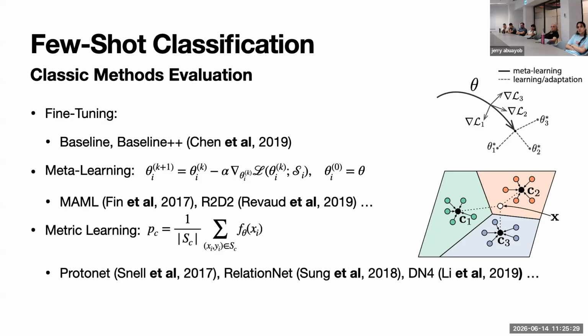Based on the distance of the query to those means, we classify it. For example, the white dot is classified as the red class, since its nearest prototype is the red embedding C2. Okay, so any questions regarding that? Will happily answer that.